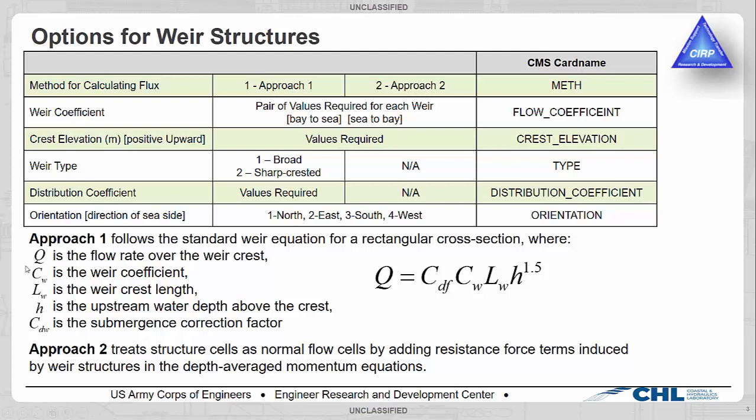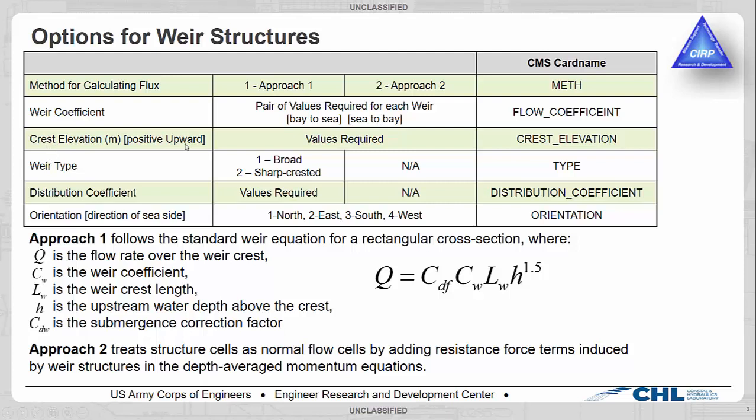For the weir coefficient, you would provide a pair of values for each weir. The first one is the coefficient needed for the direction from the bay towards the sea, or from behind the barrier to the other side, and the opposite direction is second.